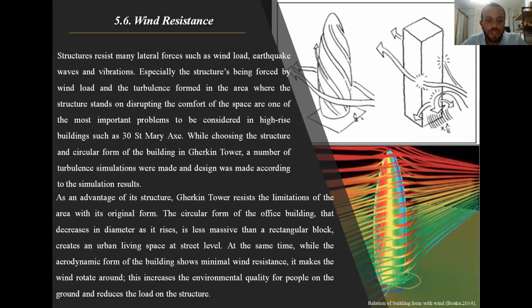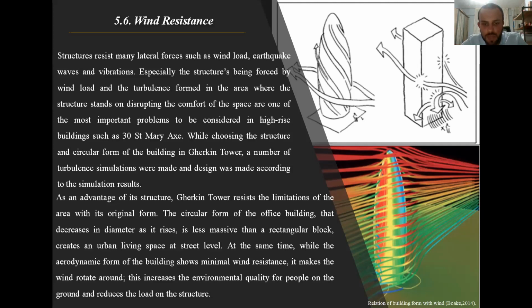As an advantage of the structure, Gherkin Tower is limited in area with its original form. The circular form of this office building decreases in diameter as it rises. It is less massive than a rectangular block and creates an urban living space at street level.